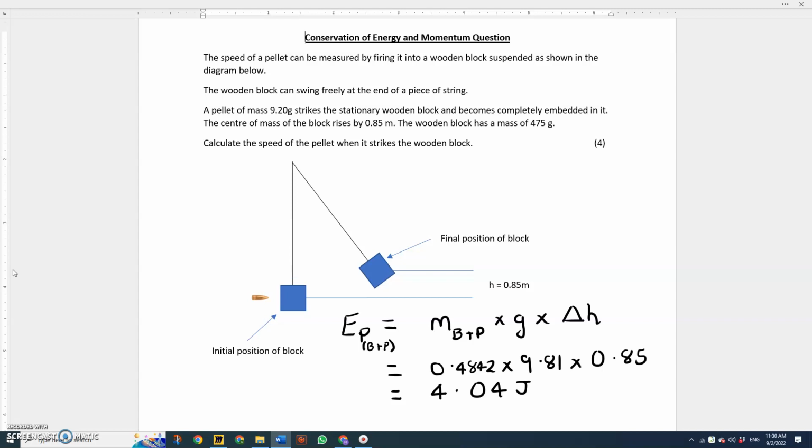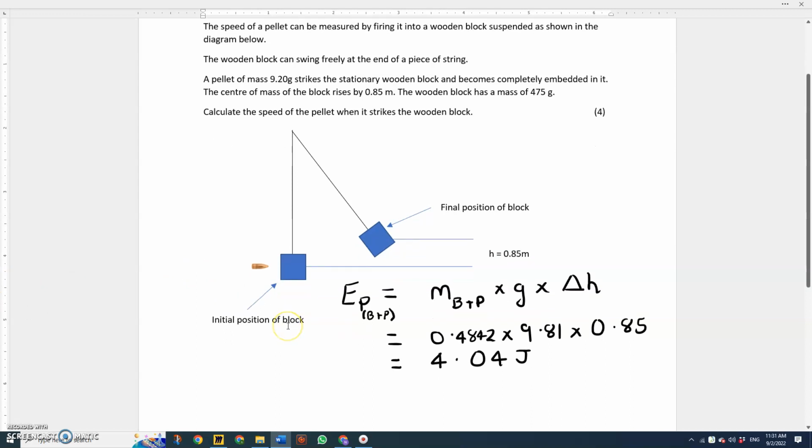Now the mistake that students tend to do here is that they tend to equate that to the kinetic energy of the pellet, but it actually equals the kinetic energy of the block and the pellet as they start to rise. So the pellet enters the block and the block and the pellet start to rise, and so that potential energy is equal to the kinetic energy of the block and the pellet.